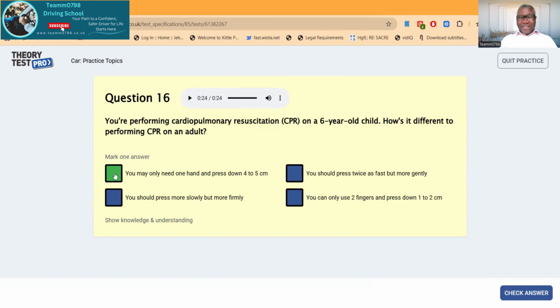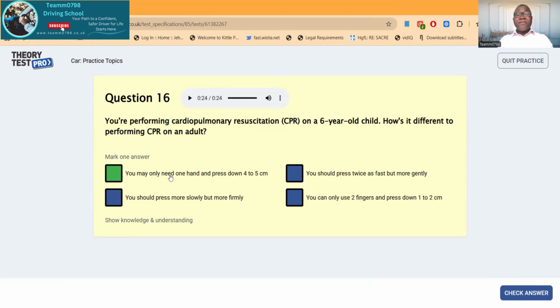Now, this is where I'm getting a slightly confused, and it's between you only need to use one hand and press 4 to 5 centimeters, or you can only use 2 fingers. I know for babies it's 2 fingers and press down between 1 to 2 centimeters. Something I was trying to memorize a couple of months ago when I was going through some of these updated versions of the theory test question.